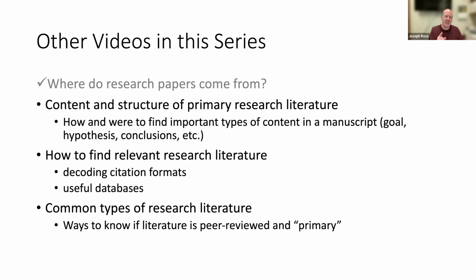How to find that research literature, again, these databases that I mentioned. So how to look at a citation and figure out how to find that citation on the internet, say, or in a library, and using these databases to do text searches for literature. And then also talking about different types of research literature that are published, not just research data and experiments, but there are other types of publications that occur as well.